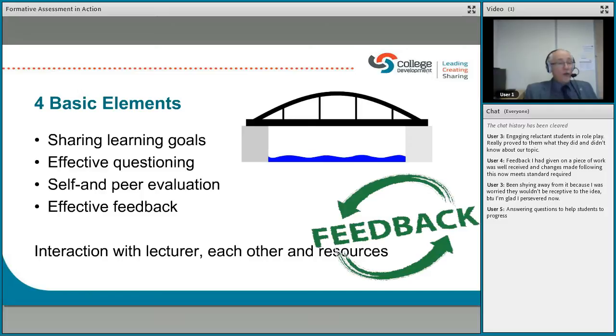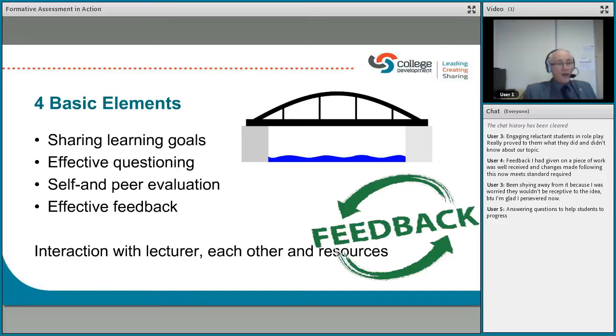What a good one looks like almost, or this is what I'm looking for, and that's just the basic success criteria. I always like to share with my students, this is what I'm looking for, this is what a good one looks like, here's the success criteria, so that when we do get into peer and self-assessment, they know what to feed back on.